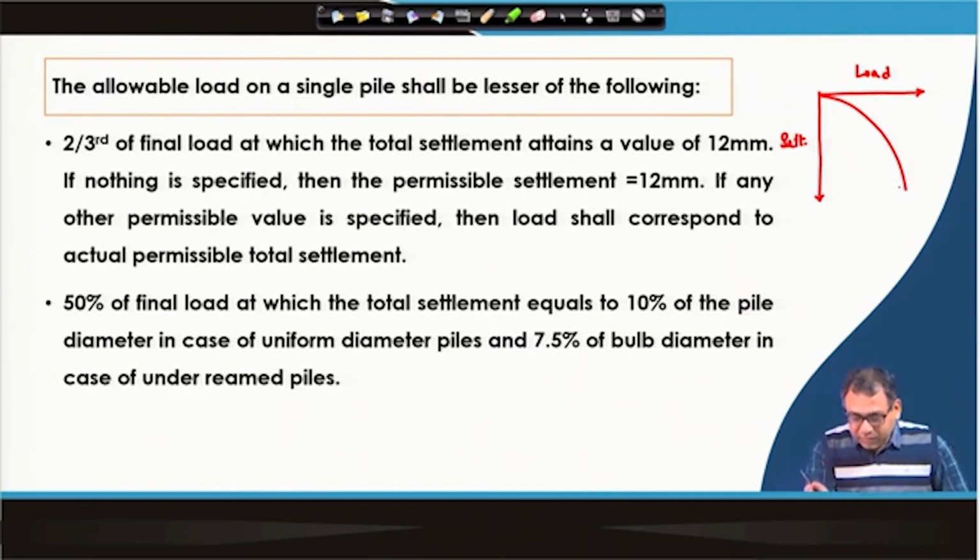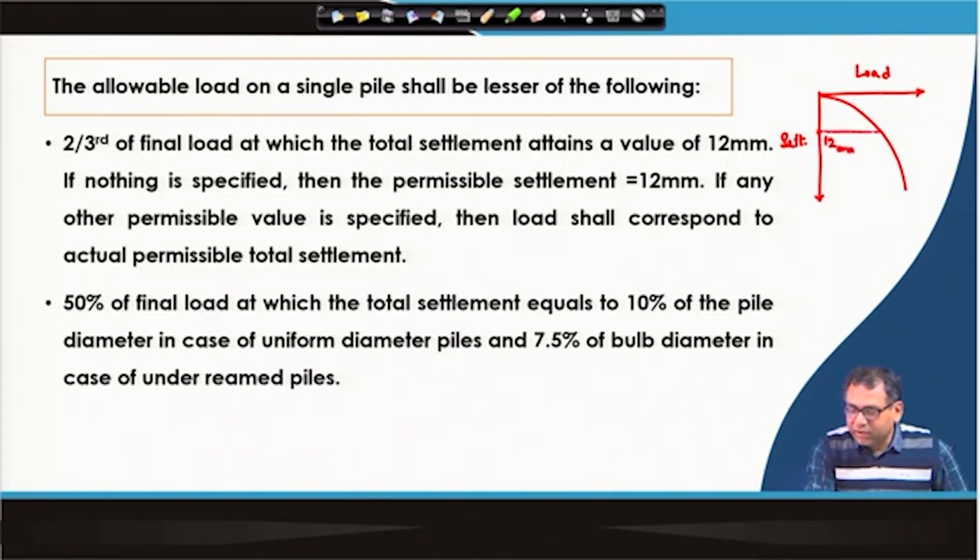Once we get this plot, then we can apply the recommendation given by the IS code. By this recommendation, we can determine what would be the allowable load on a single pile. So, what is that recommendation? It is 2/3 of the final load at which total settlement attains a value of 12 millimeter. For example, suppose this is the 12 millimeter value.